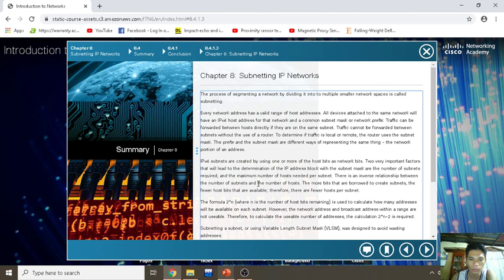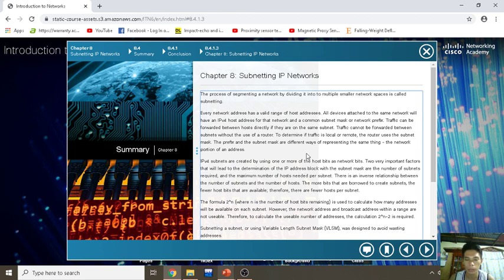Then the IPv4 subnets are created by using one or more host bits. Every important factor will lead to determination of the IP address block and subnet mask: the number of subnets required, and the maximum hosts, which you get by calculating the required number of bits.